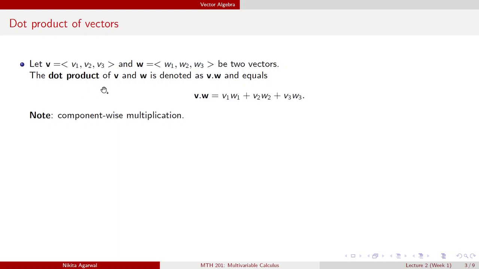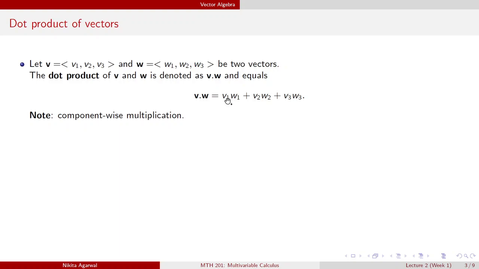So the dot product of these two vectors V and W is denoted as V dot W and it equals V1 W1 plus V2 W2 plus V3 W3, which is multiplying the corresponding components. So the x components are multiplied plus the y components are multiplied plus the z components are multiplied.